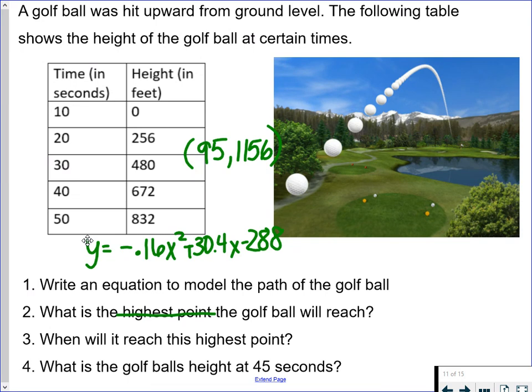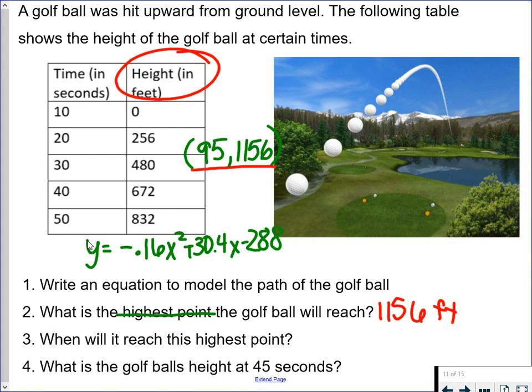Okay, so looking at this part of our vertex here, when I want to know the highest point the ball goes, what number is that? 1,156, okay? That is your height. You notice your Y value is your height.